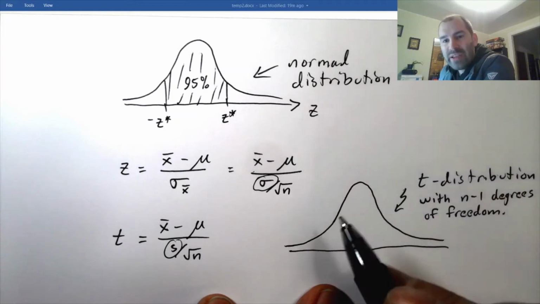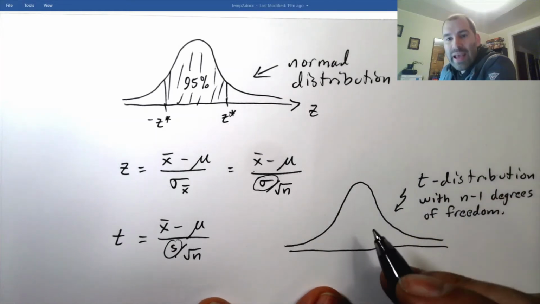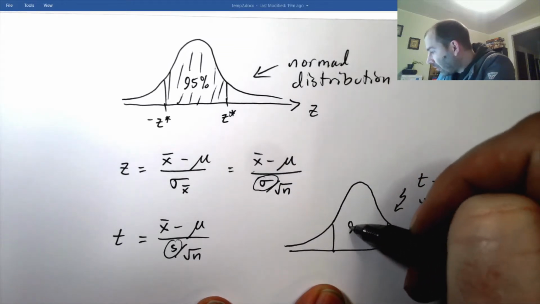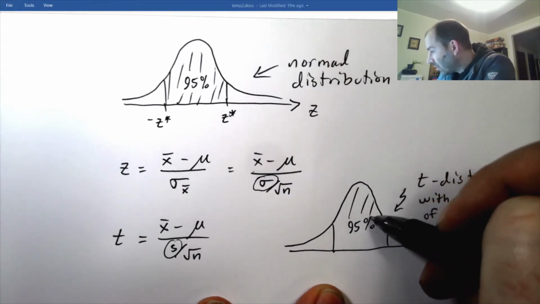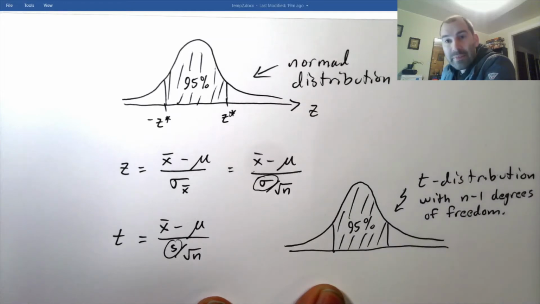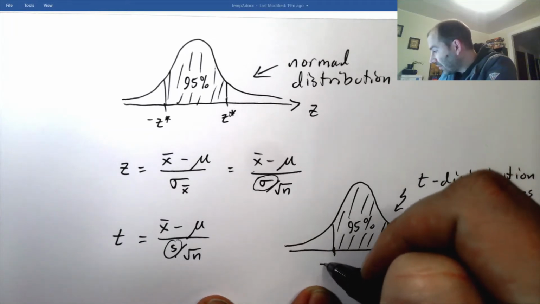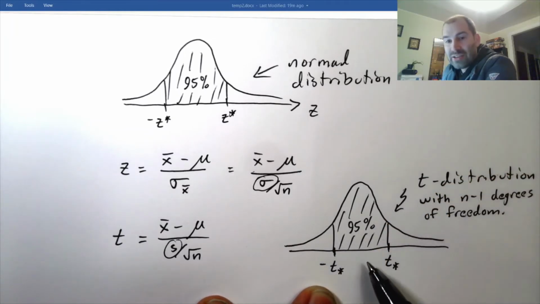But the main point is we have some bell-shaped curve, and we want to find, just as before, which values bound 95% of the data according to that distribution. It'll be between two values here. We call this t star and this minus t star. And so we're going to be after what this value is.